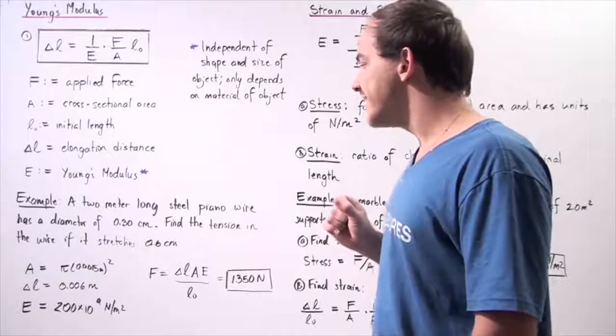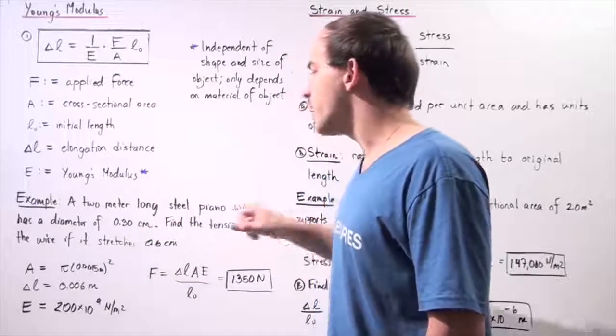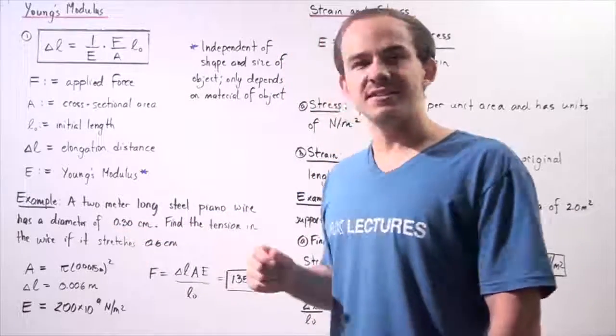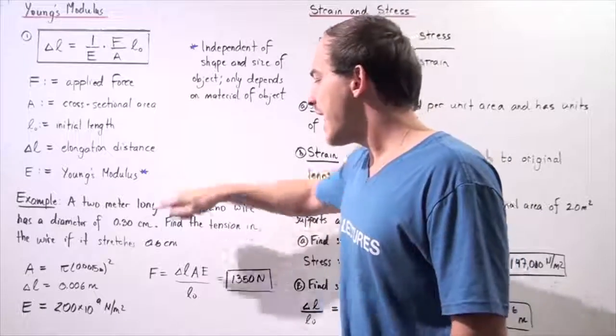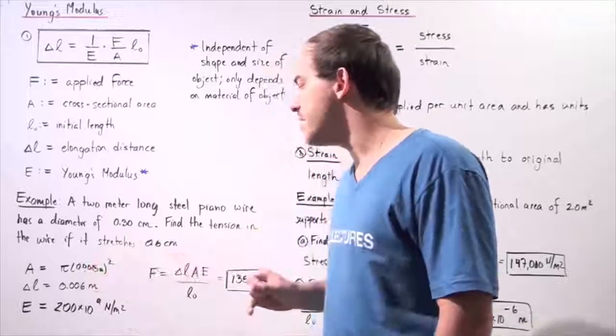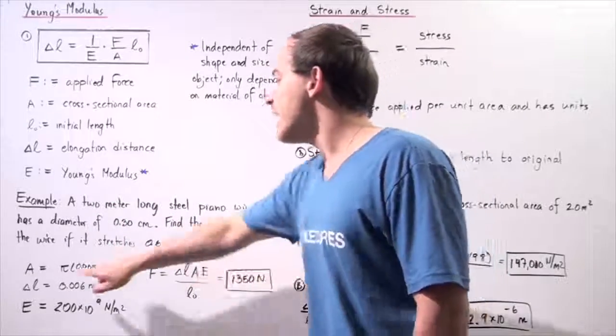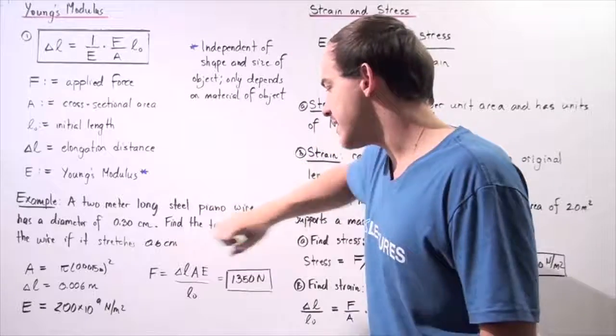The radius in this case is simply half of this quantity, 0.15 centimeters. To convert it to meters, we divide by 100, and we see that our radius is 0.0015 meters. We square that and multiply by pi. And the quantity we plug into A.